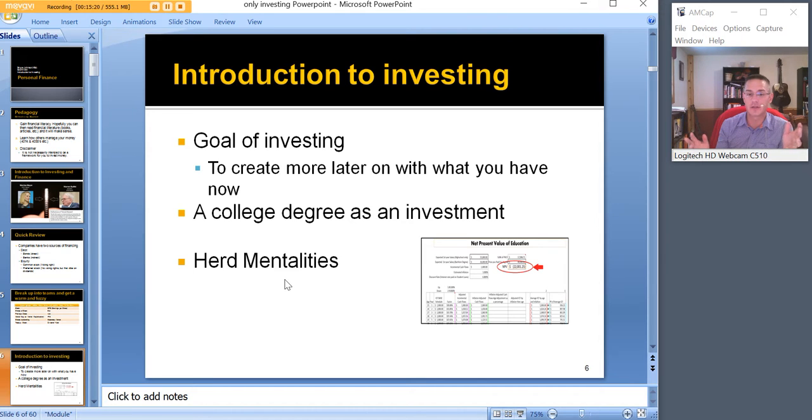Some people have said that college degrees can be a herd mentality, where a student graduating from high school may go on to college just because all their friends and everybody else is going. So again, good investors know that you don't just buy stock because everybody else is buying it. Good investors, mutual fund managers, and good money managers instead don't follow the herd. They do what's called fundamental analysis, and that's what I'm going to teach you in this section.